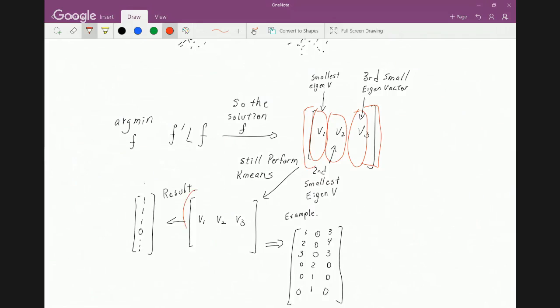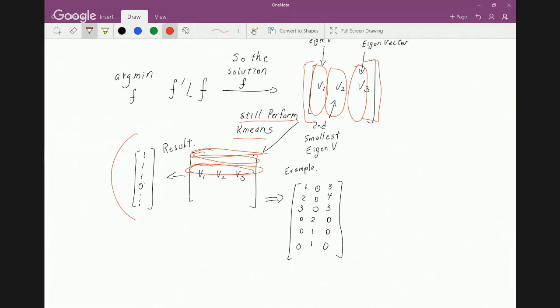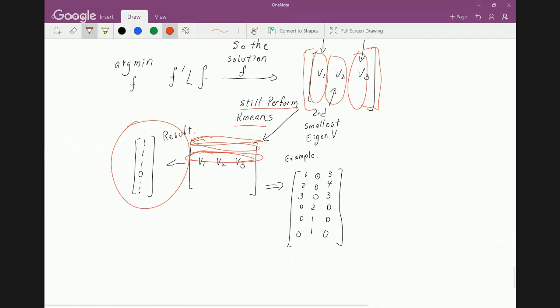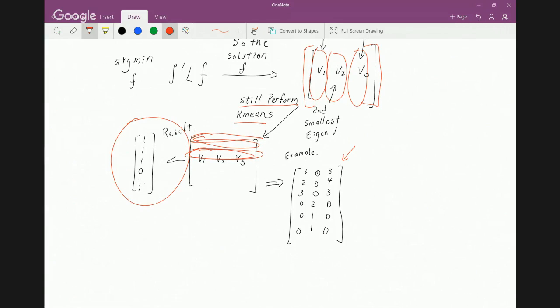So now that you have all three of them, you still perform k-means as if each row is a new sample. Each row is a new sample. And after you get the k-means, here's your final result. An example of this would be like three of them. Each column is an eigenvector.